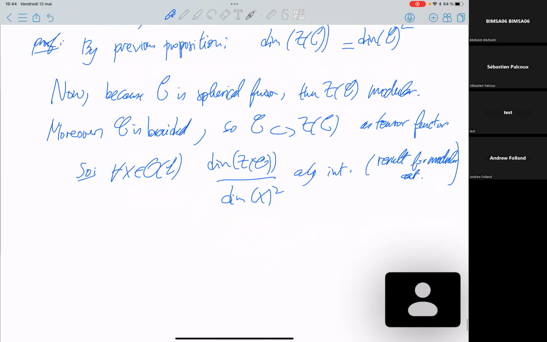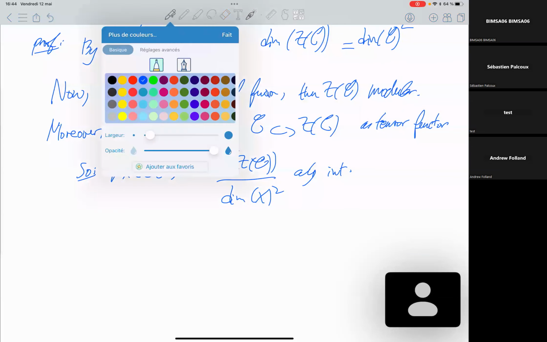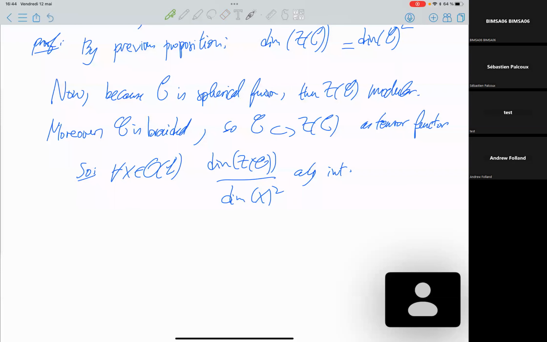Remember, we proved that not last time, but using the S matrix.